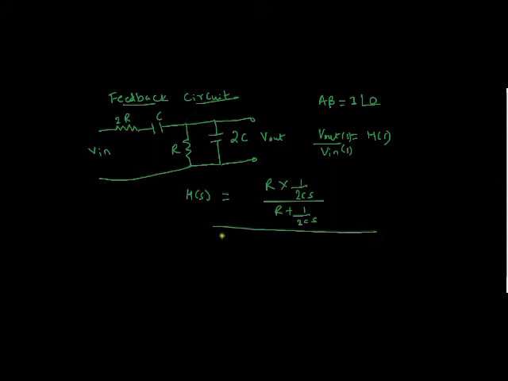V in will contain all of this, so that is 2R plus 1 over CS plus the same part, R into 1 over 2CS upon R plus 1 over 2CS. We need to simplify this.